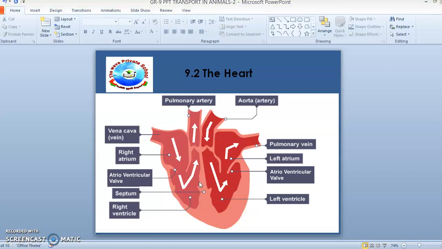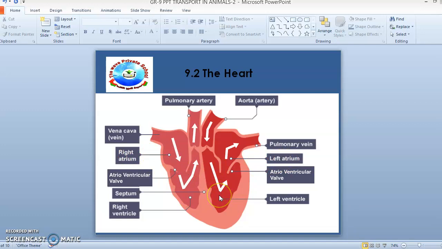The heart, as we can see in the section here, is divided into 4 chambers: 1, 2, 3 and 4. The 2 upper chambers are called atria, left atrium and right atrium.